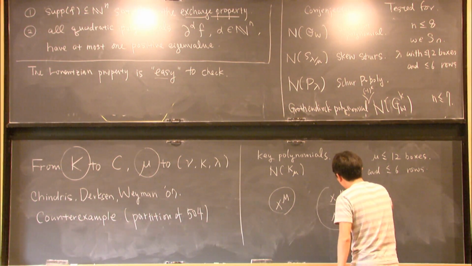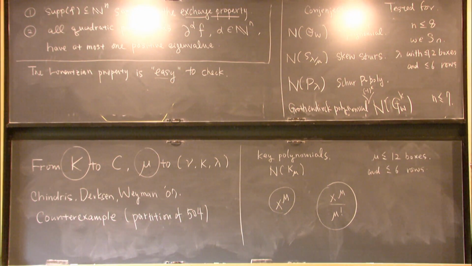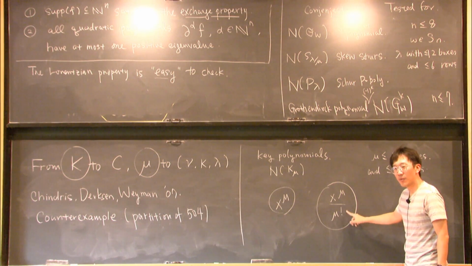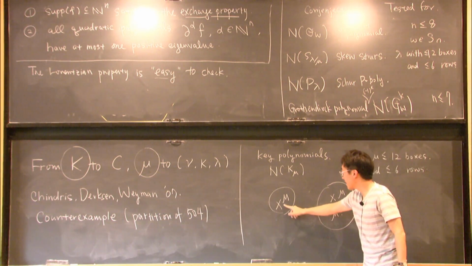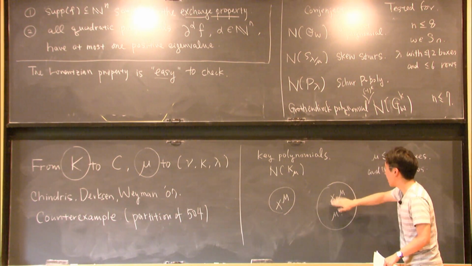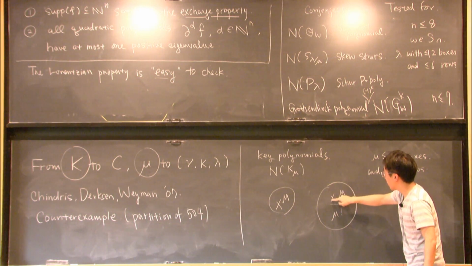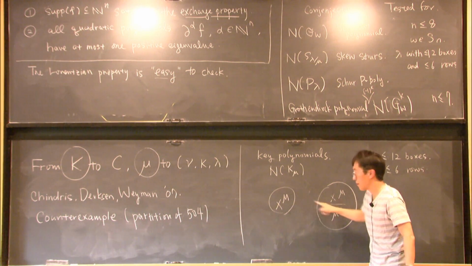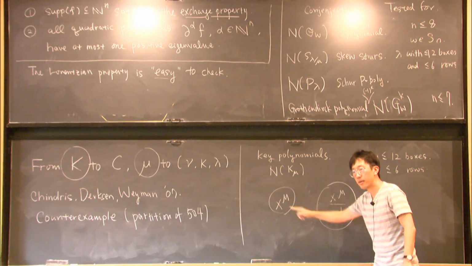My feeling is that, well, this sounds like nonsense, but these guys are homological and these guys are cohomological. Maybe I should have written the differential operator associated to mu, so that these are actually dual bases to each other.